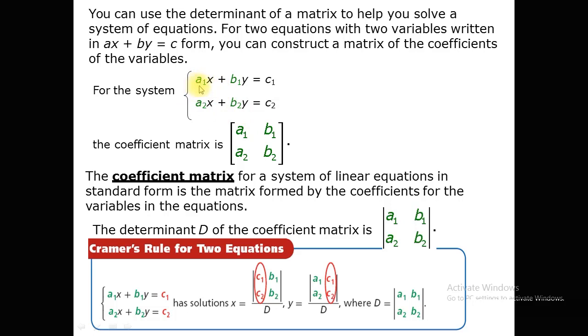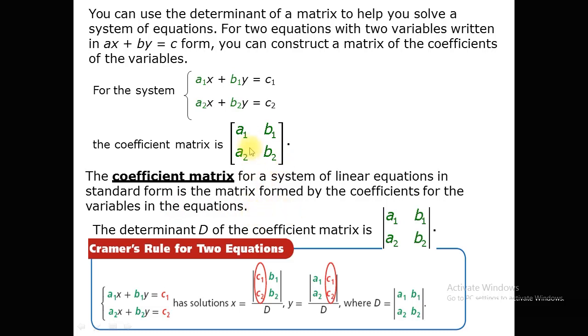Suppose we have the system a1x plus b1y is equal to c1 and a2x plus b2y is equal to c2. The coefficient matrix will be a1, b1 and a2, b2. The elements in the first row will be a1, b1 and in the second row a2, b2. The coefficient matrix for a system of linear equations in standard form is the matrix formed by the coefficients of the variables in the equations.